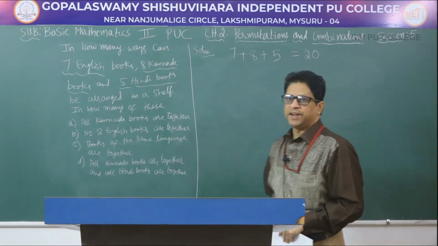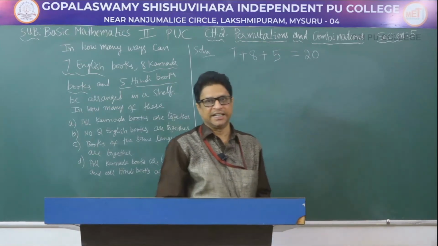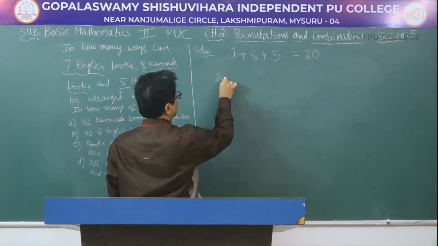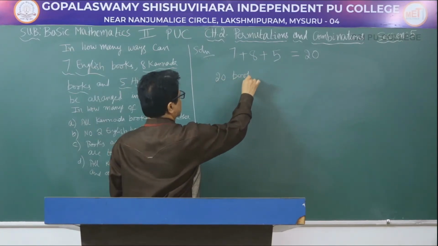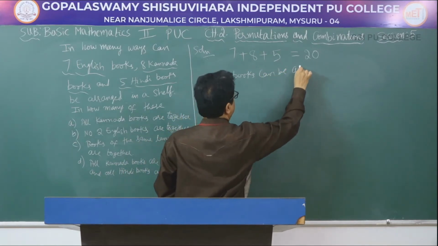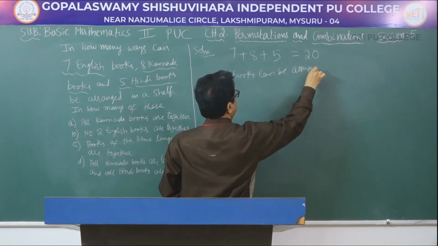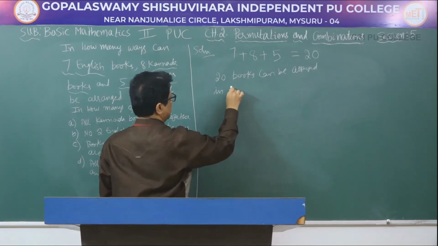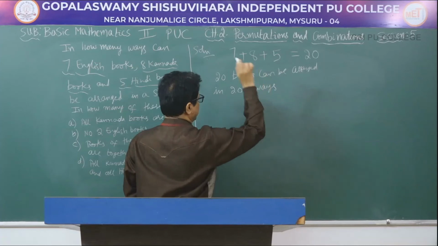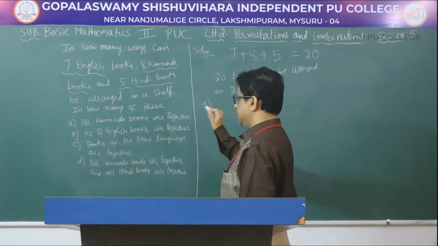So, these 20 books can be arranged in 20 factorial ways.